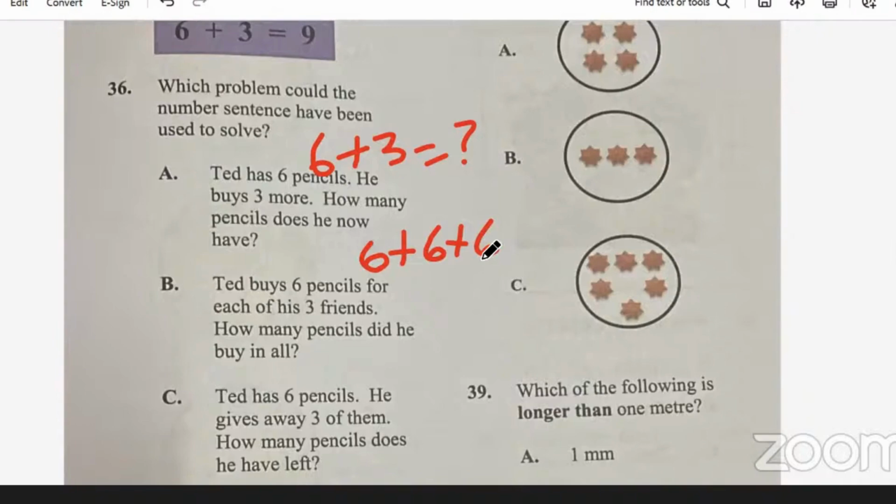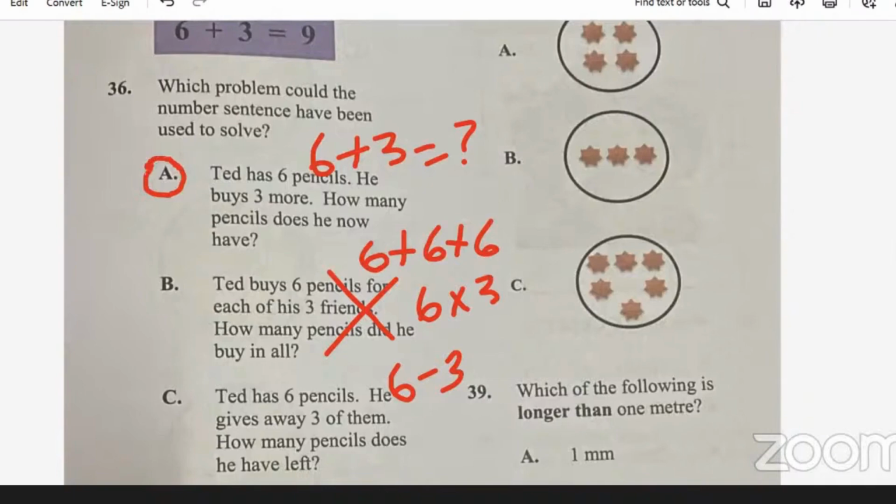No. It could have been 6 times 3, but that says 6 plus 3, so this is not correct. All right, and then Ted has 6 pencils. He gives away 3 of them. If he has 6 and he gives away 3, we are doing subtraction. So the correct answer would have been A. That problem could have used the number sentence to solve.